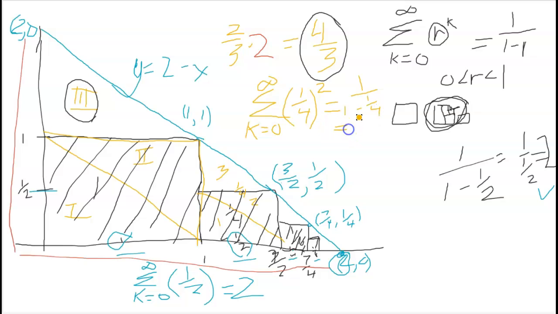Well, what's that? That's 1 over 3/4, and that's 4/3. So again, our visual analysis leads to the predicted geometric answer.